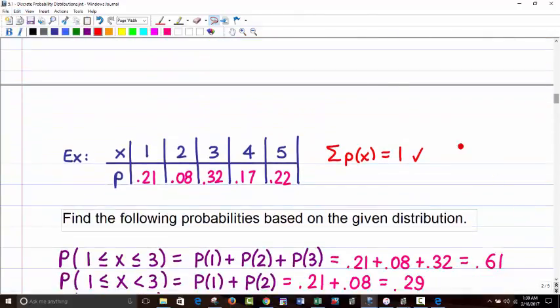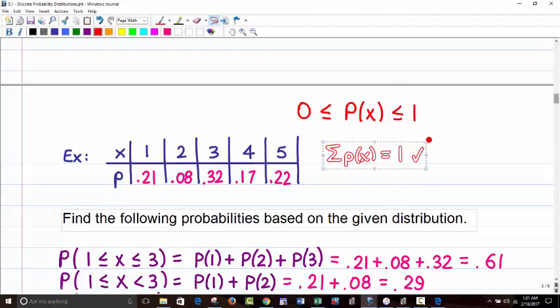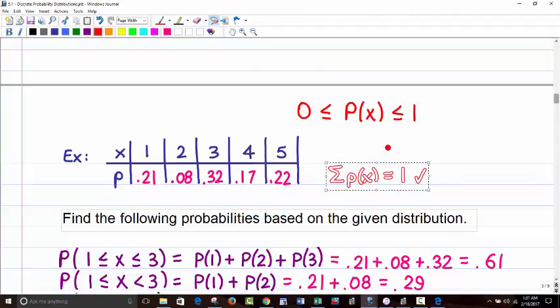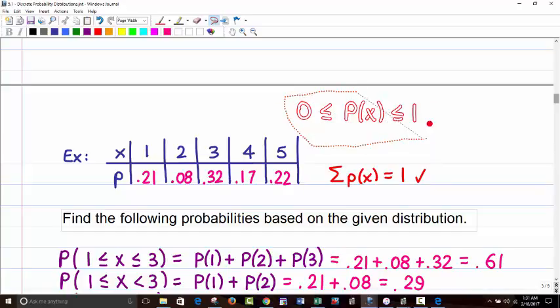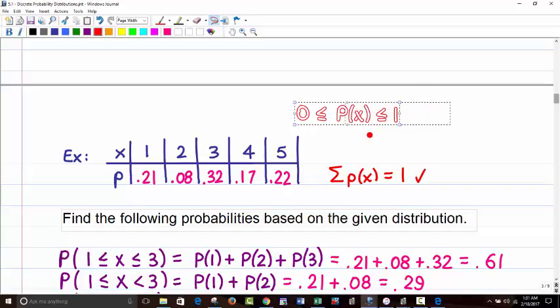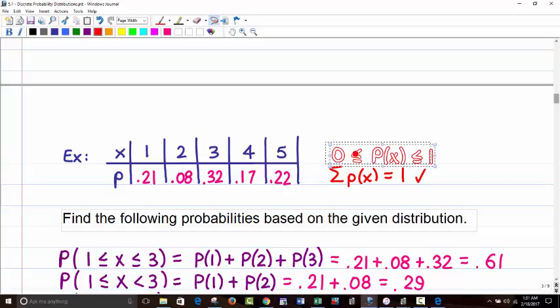But the other one, you'd have to add them up. Let me shrink this down, move this down here. So it's valid. All right, so let's ask some probability questions based on this distribution.